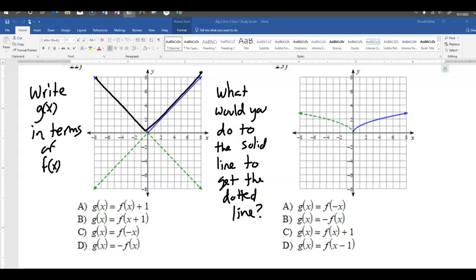So in this case, what would I have to do to this solid line to get this dotted line down here? Well, I would have to flip it upside down. Or another way of saying that is reflect it across the x-axis. And whenever you're reflecting across the x-axis, that means you have a negative on the outside. And so our answer is D, because that's where the negative is on the outside.